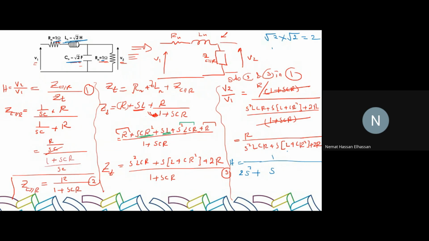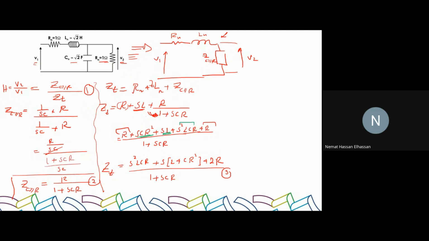And so square root 2 plus C is what? Square root 2. R is what? Square root 2 times 1 squared, which is equal to what? 2 square root 2, and square root 2 plus square root 2, right? So 2 square root 2.